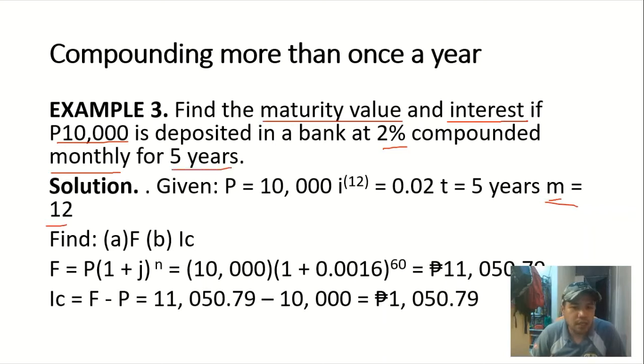Then, 5 years. Okay, so, computing for the J, J is equals to 0.02 divided by 12.